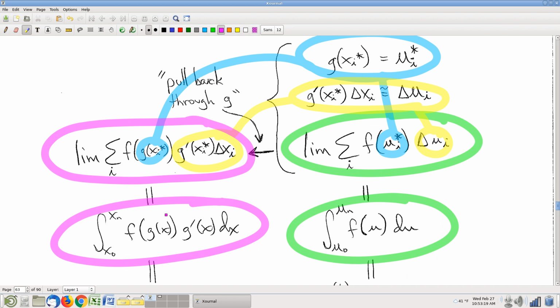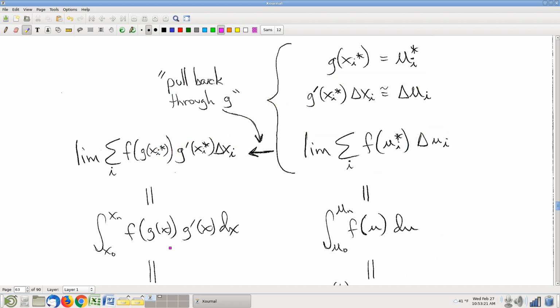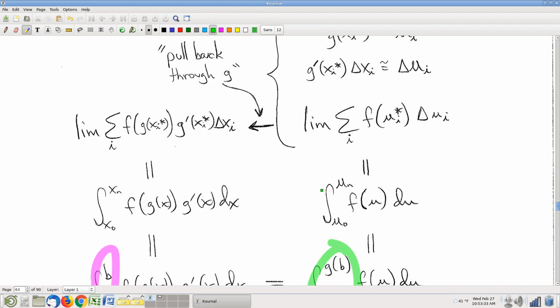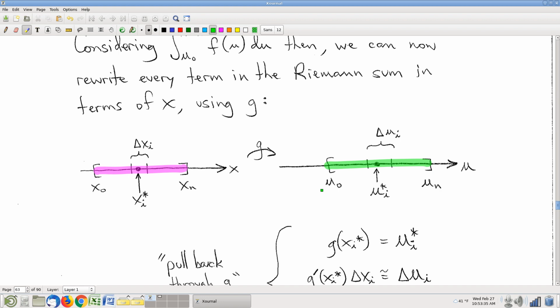And now you can see explicitly why these bounds a to b turn into these other bounds g of a to g of b, because that's what the function does to the interval.